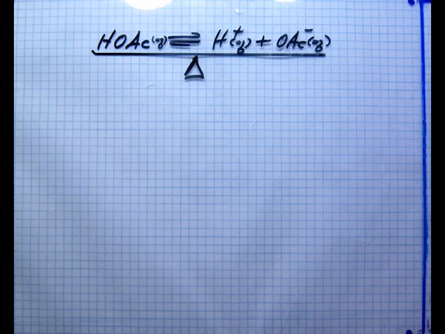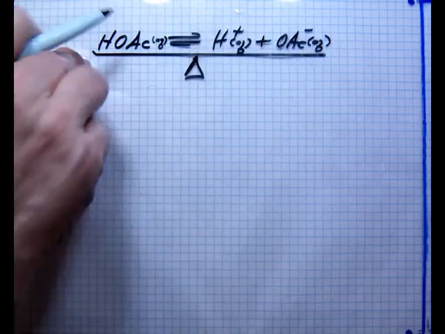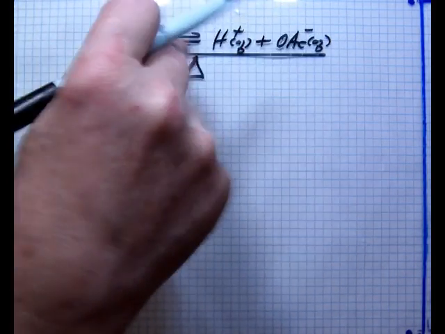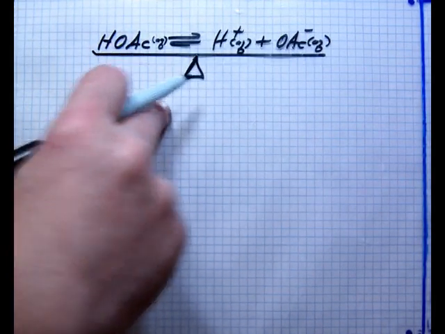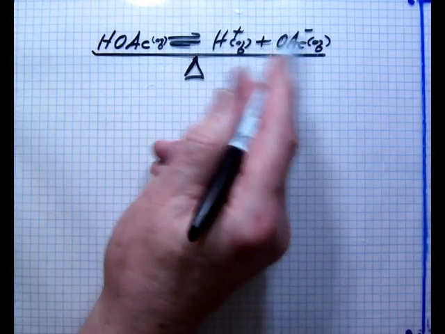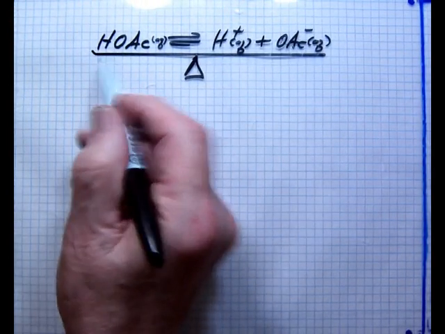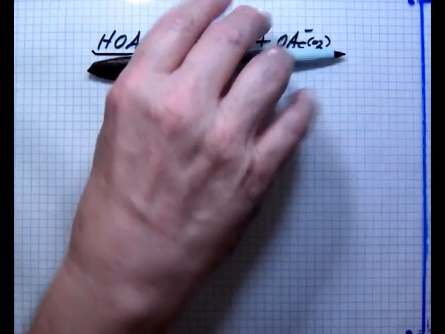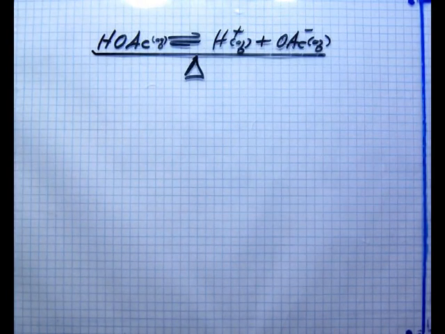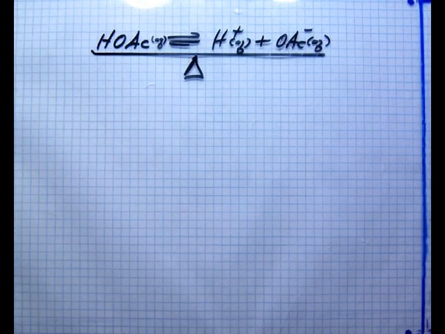However, if we bring in some extra acid or extra base, or throw in some more salt or acetic acid, that's like adding extra players to the seesaw. When one gets off, what's going to happen? Or we add more kids over here on this side versus this side, what's going to happen to the seesaw? It's going to tilt. So that's the disturbance. And so the system's no longer at equilibrium then.